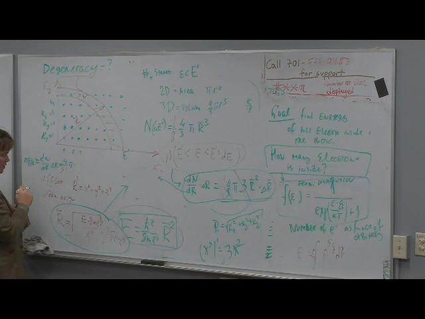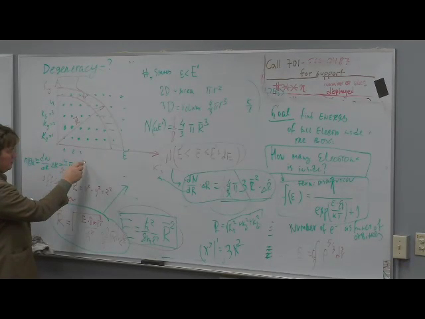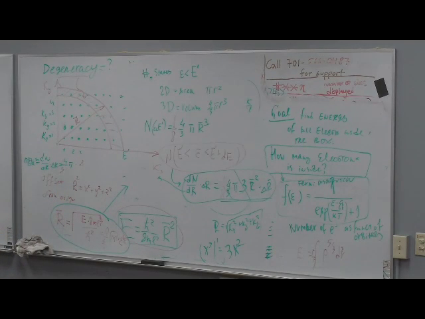Instead of r squared, place what? Why did you take the square root? Why did you take the square root of r squared if you have r squared in front?